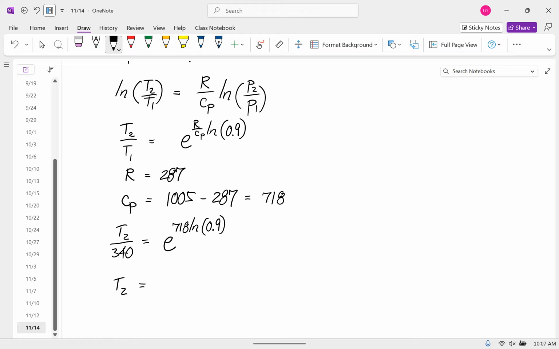Wait, 718 is not the quotient of R over CP, I didn't do that. That is CV. And so R over CP, 287 divided by 1005, is 0.29.